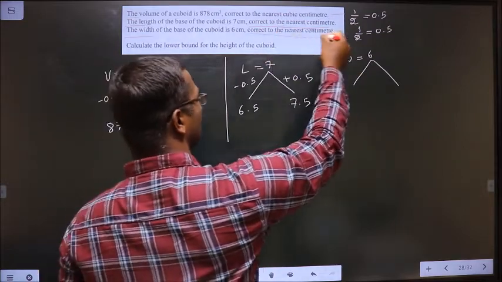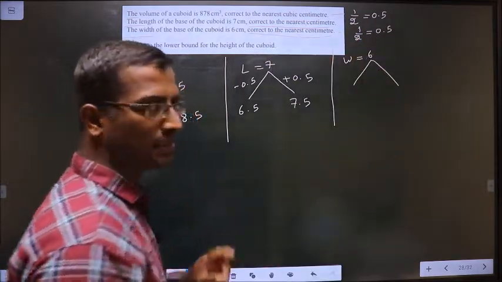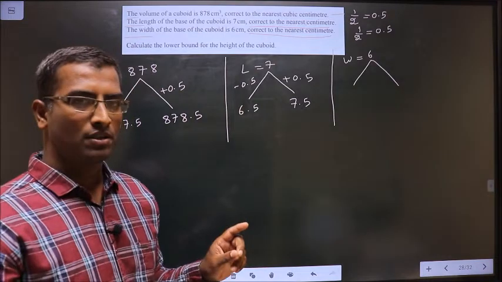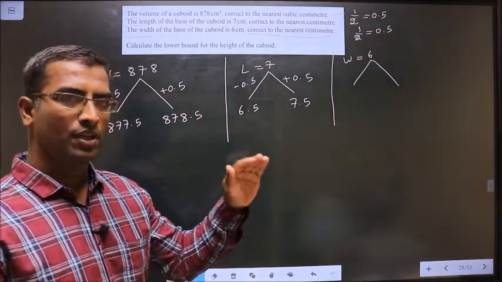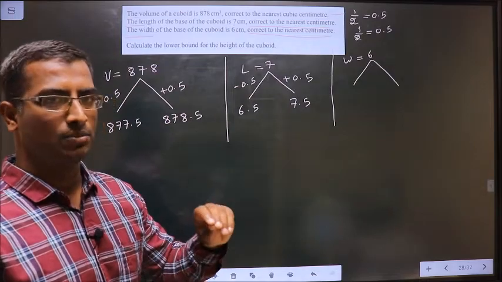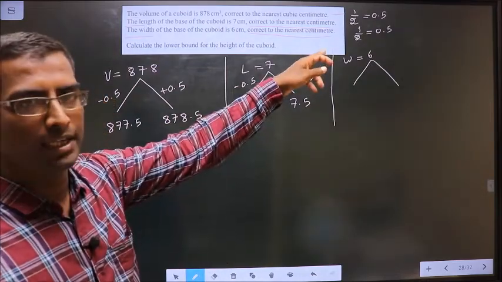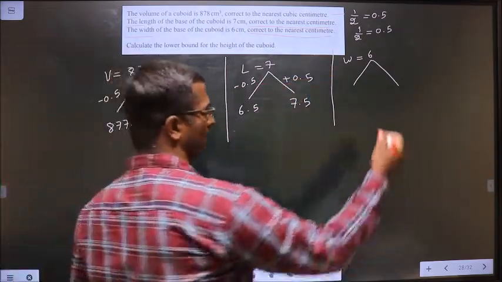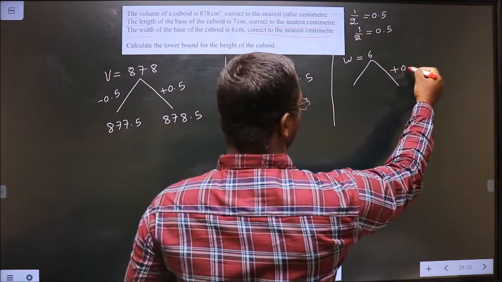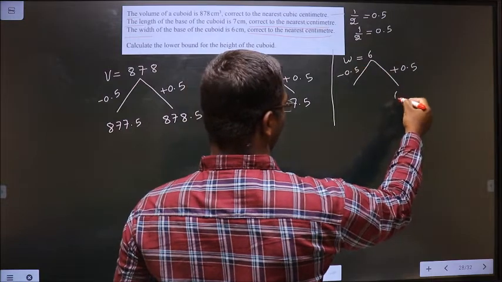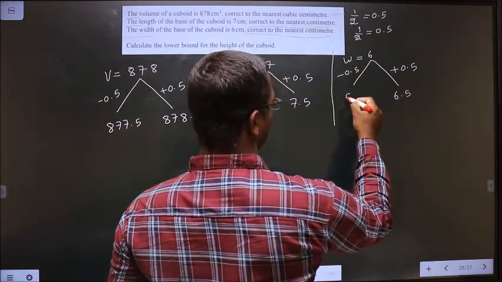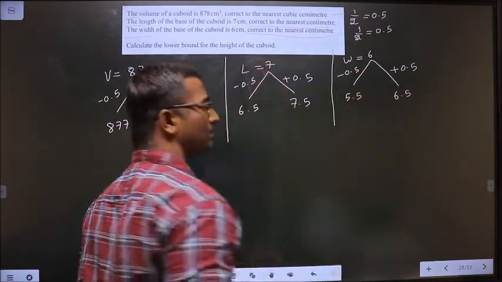Even this is correct to the nearest centimeter means 1. So it is correct to nearest whatever, do half. So 1 by 2 will give me 0.5, which I already did before. So add 0.5, subtract 0.5. So I get 6.5 and 5.5.